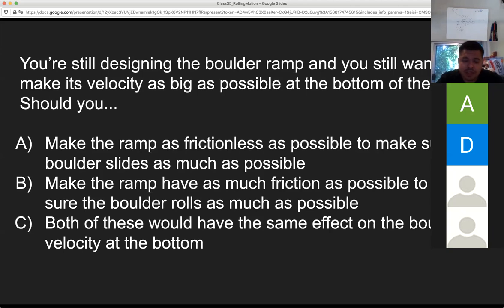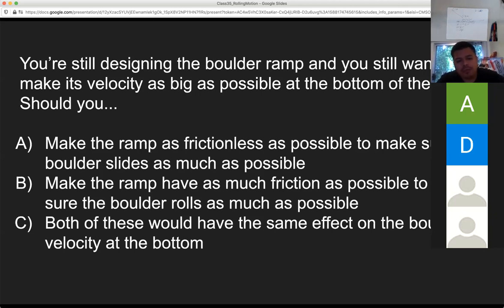Versus if it had friction, it'll be like static friction. It'll be able to move forward more easily. So static friction, right? When you're rolling, you don't have kinetic friction. The two surfaces aren't sliding past each other. You have static friction.